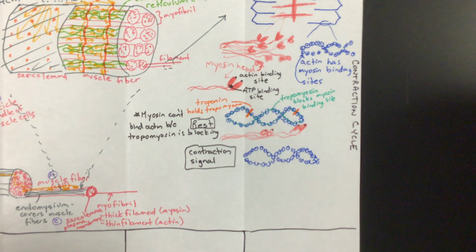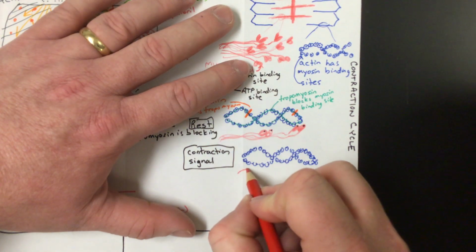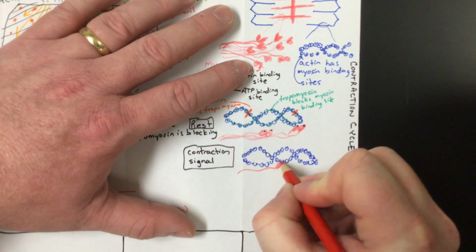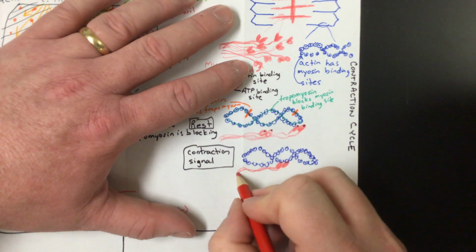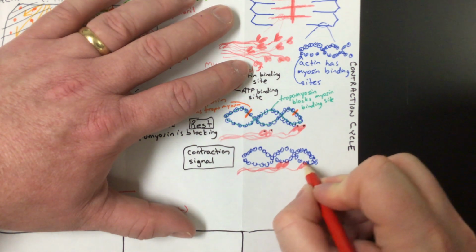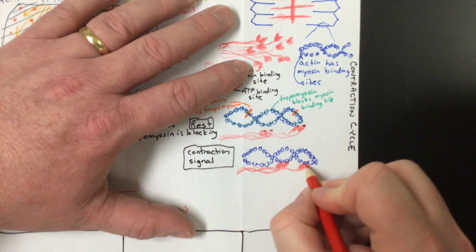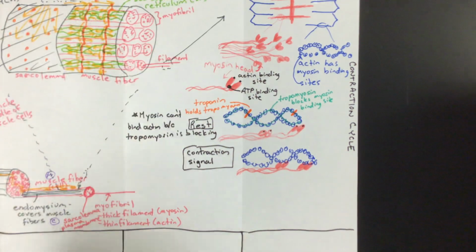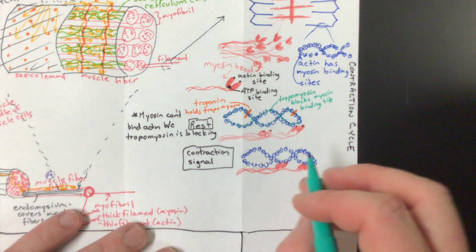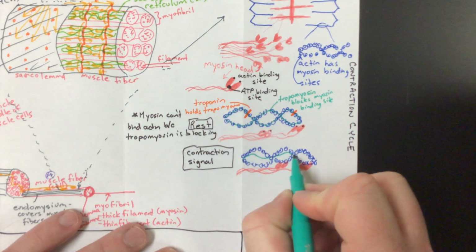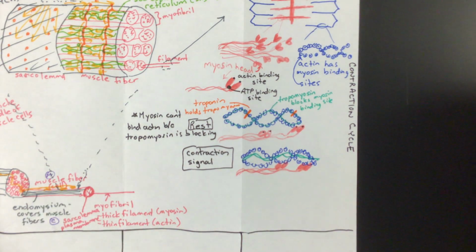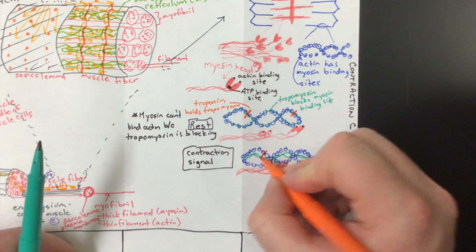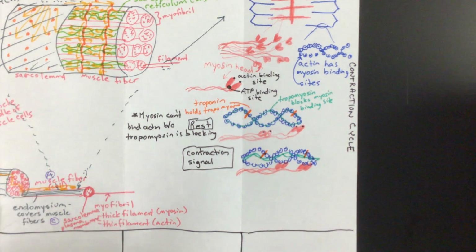So we're going to draw our myosin down here. But when there's excitation, the myosin actually gets to bind to the actin. And the reason that happens is because now our tropomyosin that was being a pain in the butt before is moved out of the way.